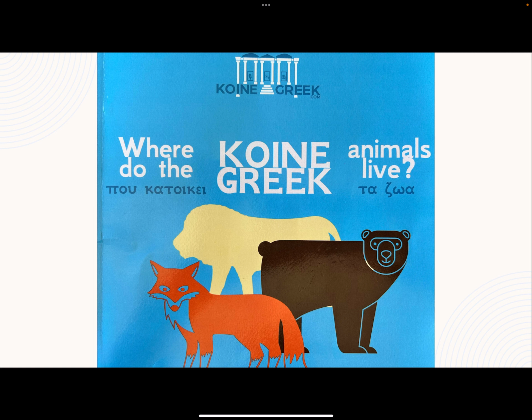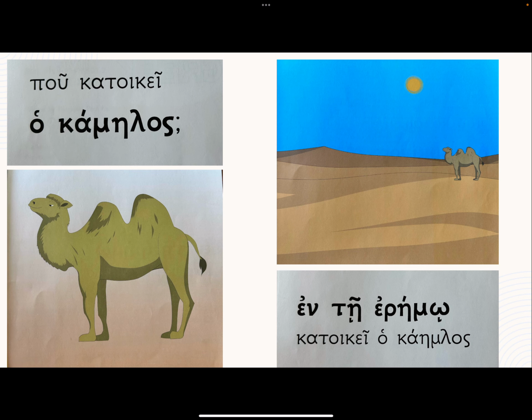Here is an example in a little book that I have that shows you adverbial uses of prepositions. So here's our first page of our book. Pu katoikei ho kamelos. This is a question. I've got a question mark here.